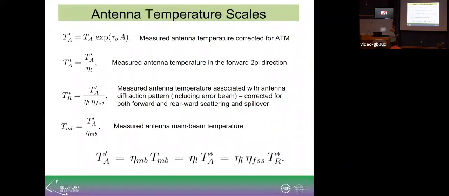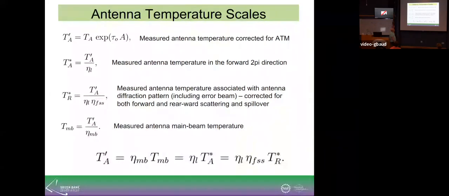The JCMT adopted the TA star. The 12 meter is not being used now, but it's a combination of both eta L and eta FSS. So arguably it's a closer correction to the actual temperature on the sky. The idea here is you measure different temperature scales, but you really want to know what the real temperature of the source is. How you go from measurements to physical reality goes into these different telescope efficiencies. And then eta main beam, concentrate here, would be the easy one to understand.